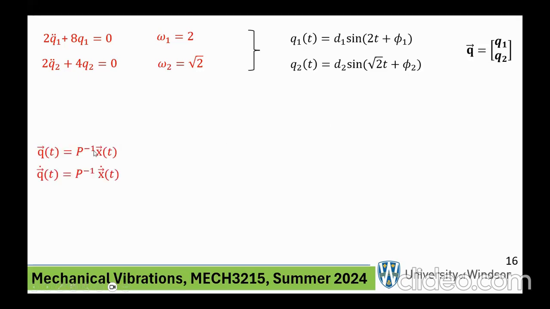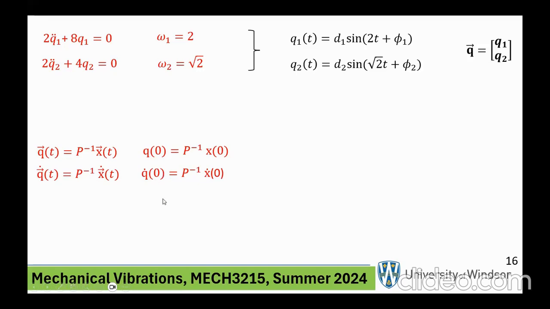And how do you do that? You just go back here, say Q of t equals P inverse x, and Q dot of t equals P inverse x dot of t. Now you plug in t equal to 0 in both of these, and you're going to get the initial conditions in terms of the modal coordinates.